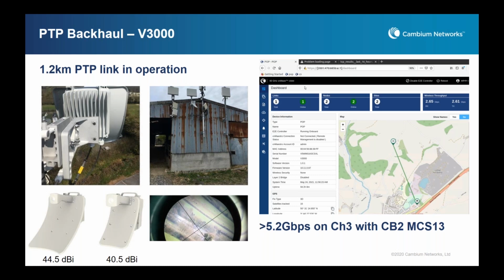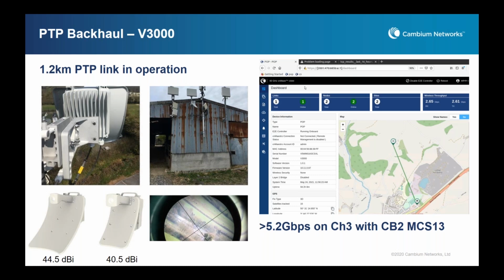So coming up later this year, we'll be releasing channel bonding for all the products. And what this gives you is either more throughput. As you see, certainly on the PTP 3000, we're looking to get over 6 gigabits per second. But instead, it'll also give you more range.